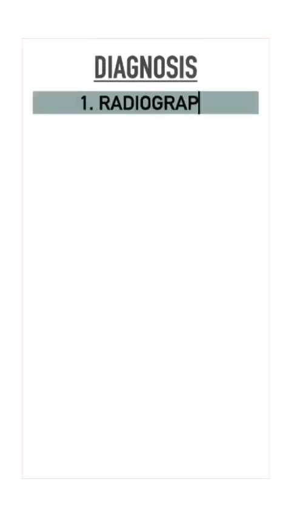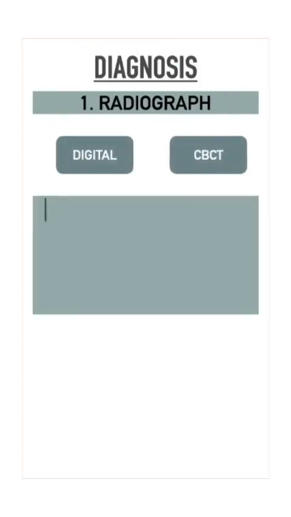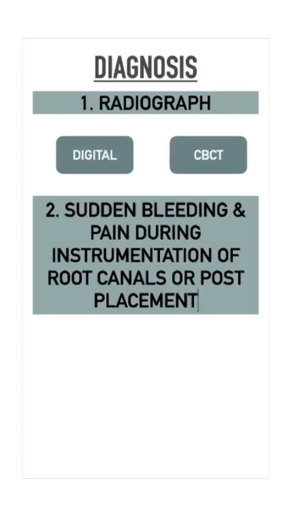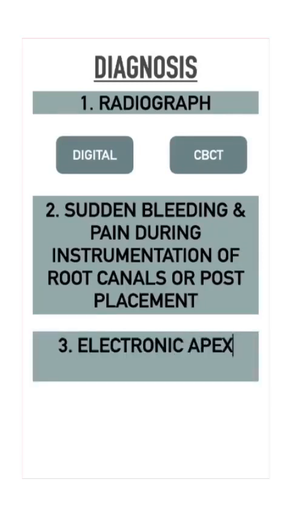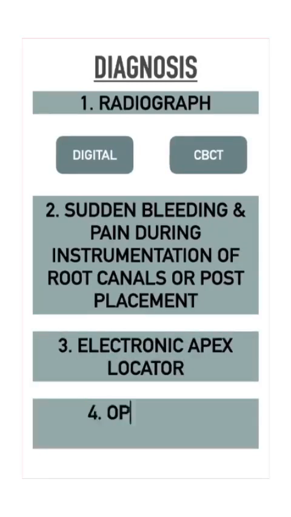We could diagnose a perforation by using a radiograph, for example, taking a CBCT or taking two radiographic views and using the slope technique to know where the perforation is. And we could see a sudden bleeding or pain during the instrumentation of the root canals or post placement.